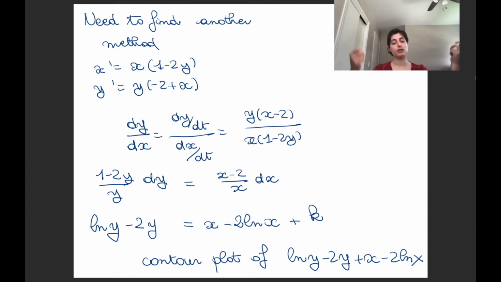This gives us, if we integrate both sides, that the logarithm of y minus 2y is equal to x minus twice the logarithm of x plus some constant. So now what we're interested in is the contour plot of the function logarithm of y minus 2y minus x plus 2 logarithm of x.